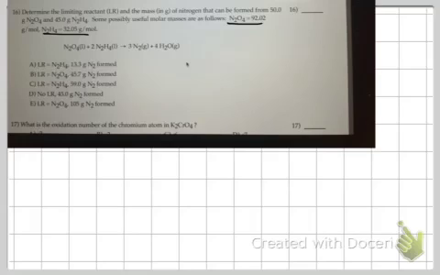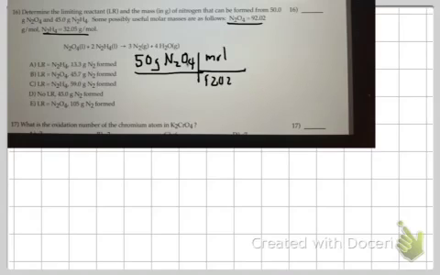So 50 grams N2O4 times mole over 92.02, and then it's limiting mass of nitrogen, so 3 moles N2, 2 moles N2O4.